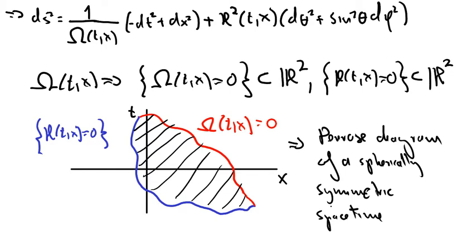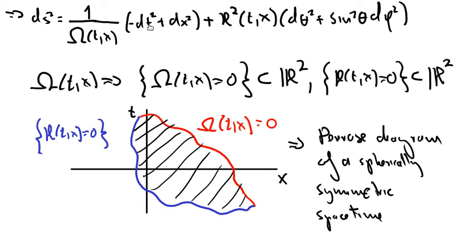Okay, and what is the interest of finding this representation of the space-time? Well, the interest is that since the metric here in this plane takes this conformally flat form, we can easily draw light rays.